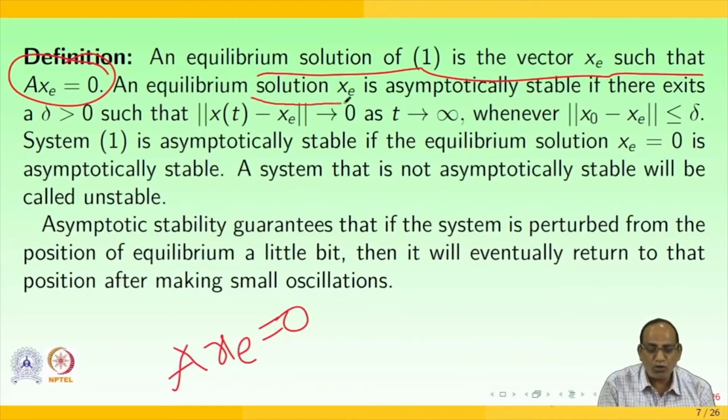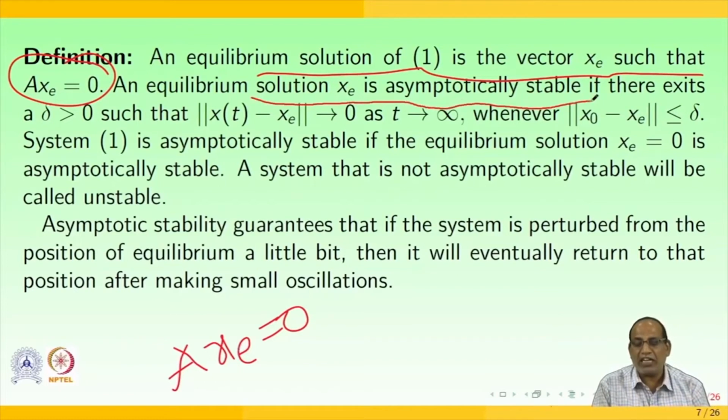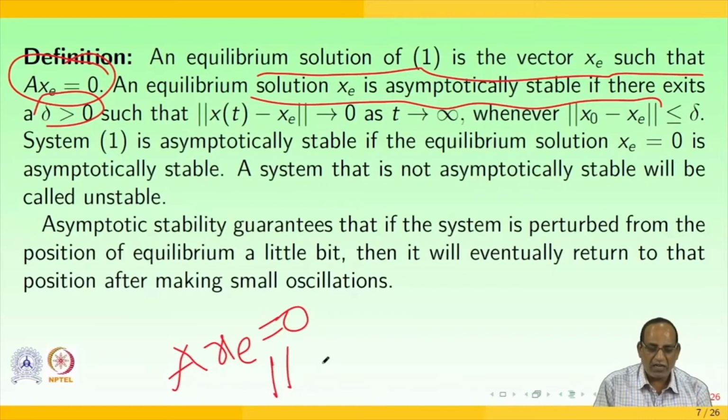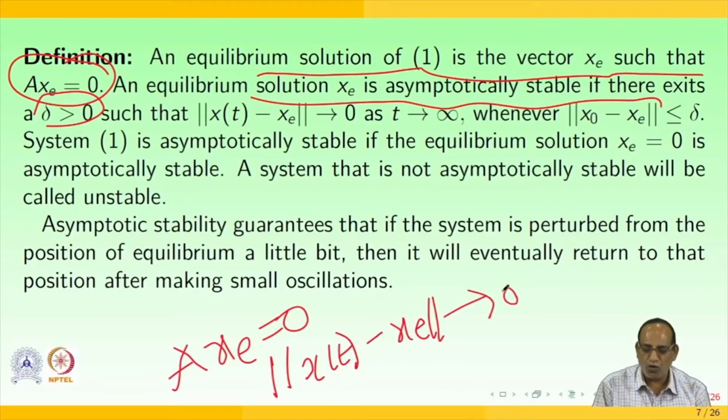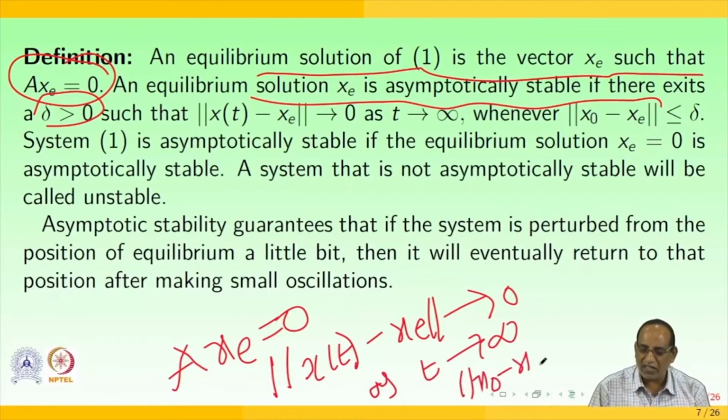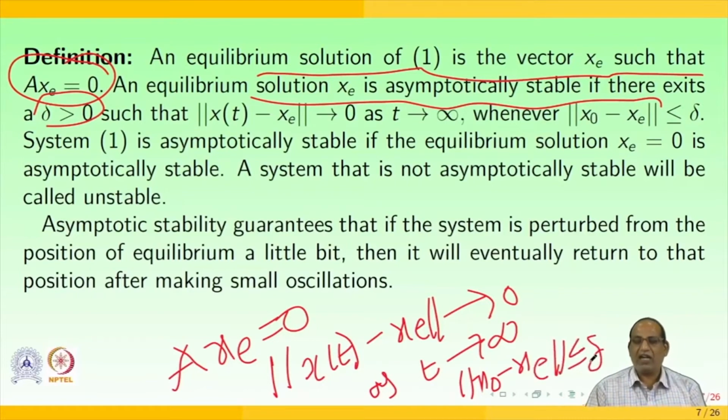An equilibrium solution x_e is asymptotically stable if there exists a delta greater than 0 such that the norm of x of t minus x_e approaches 0 as t approaches infinity, whenever the norm of x naught minus x_e is less than or equal to delta.